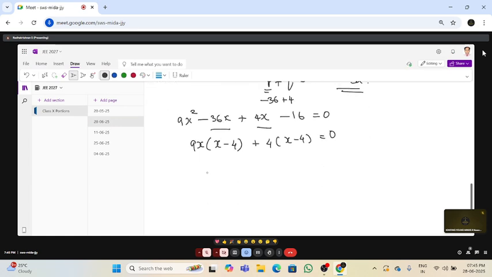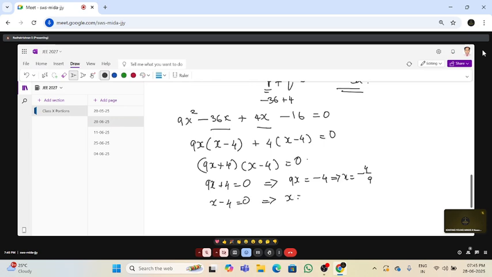That means 9x plus 4 into x minus 4 equal to 0. That is either 9x plus 4 equal to 0, which means 9x equal to minus 4 or x equal to minus 4 by 9, or x minus 4 equal to 0, which gives us a solution x equal to 4.